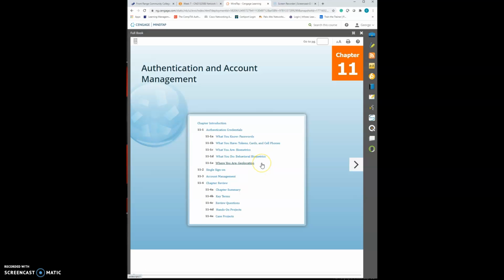Should he be able to use the laptop in Russia? Probably not. Should he be able to use it in China? Definitely not, because that's where he sold the trade secrets. If you want to look at that one, geolocation, that is a very good article. Look up Raytheon and trade secrets sold to China.